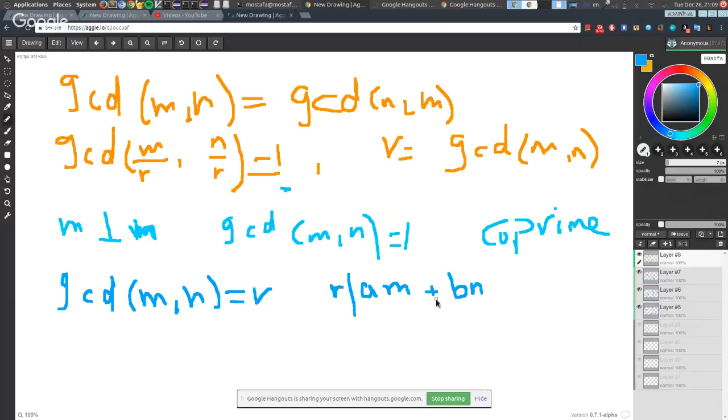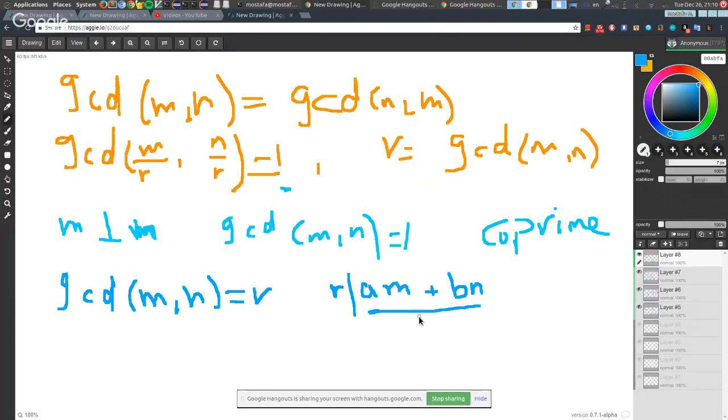So here this is called a linear combination. It's basically when we take the first number and multiply it by some constant coefficient and the second number by another constant, and we add them together. So this is what's called a linear combination. So if the GCD of two numbers is R, then R divides the linear combination.